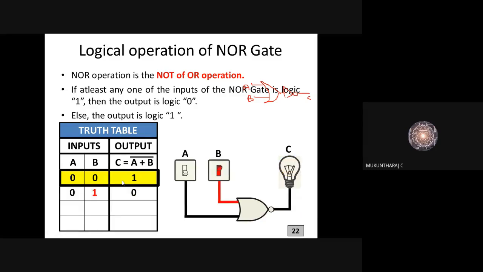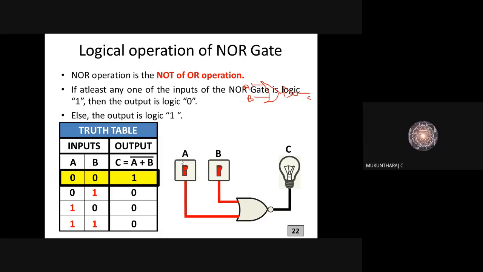Then the second case, 0, 1: 0 on input A, 1 on input B. For this combination, my NOR gate produces logic 0 at the output. For the third case, 1 on input A, 0 on input B, my output is logic 0. For the fourth case, both the inputs are logic 1, and my output is 0 here also.